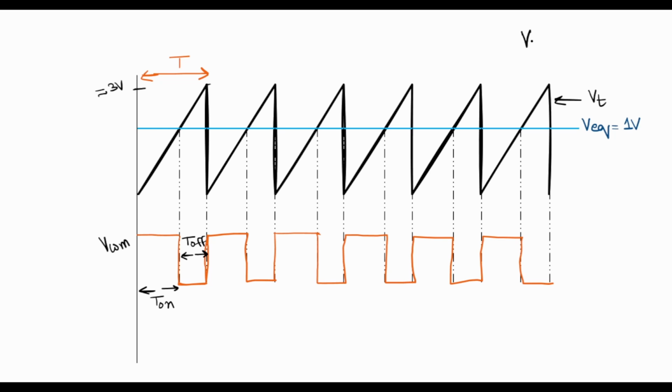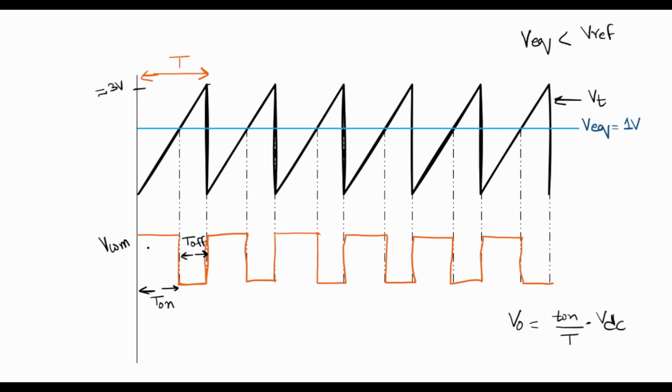Since the reference voltage was 5 volt and the sensed voltage was 4 volt, there was a positive error. So the controller has a higher T on compared to T off. And if you recall from last time, what I derived is that the output voltage is equal to T on over T times VDC, where VDC is the input voltage.